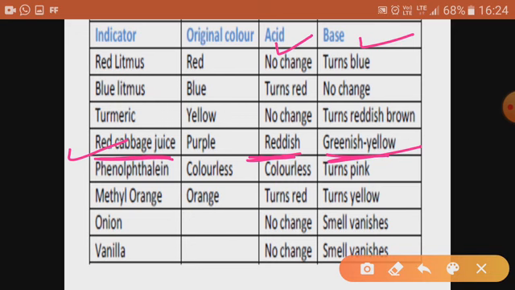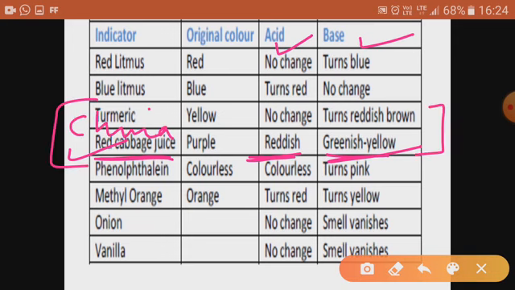Whether you take red cabbage juice or China rose juice or extract, it will give the same result. You will see that the juice turns reddish, or you can say dark pink or magenta, in case of an acid solution, and it turns green or yellowish green in case of a basic solution. So red cabbage juice and China rose extract will give the same result.